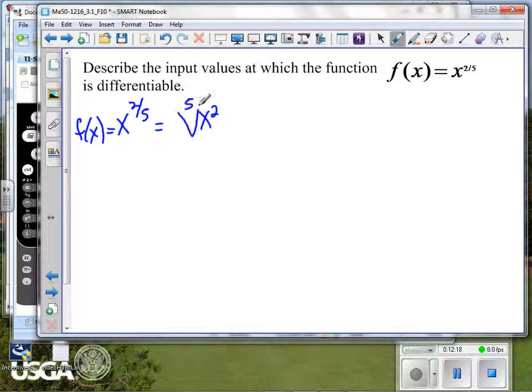The 5th root of x squared. Okay, what's another way? How about the 5th root of x, quantity squared?